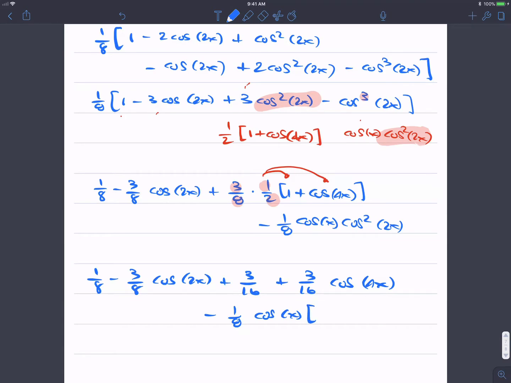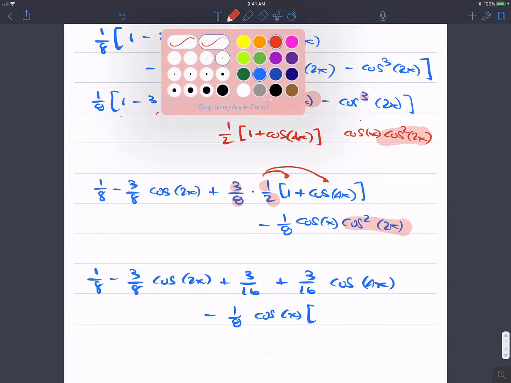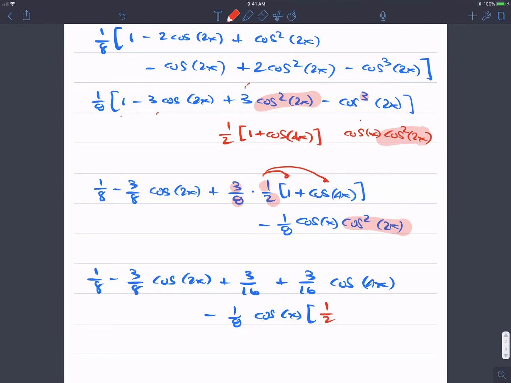Now might be a good time to replace your cosine squared 2x with what it's equivalent to by the half angle identity. And I'll write that portion in red. So that'll be 1/2 times 1 plus cosine of 4x. Okay. So let's see if we can figure this stuff out here, algebraically speaking.